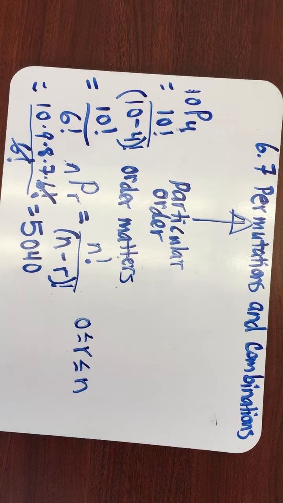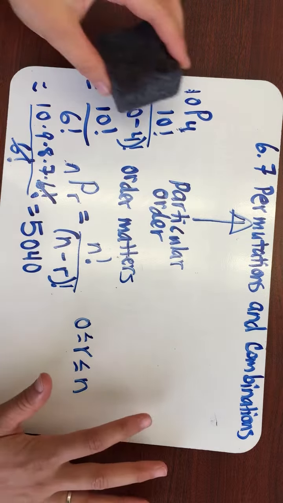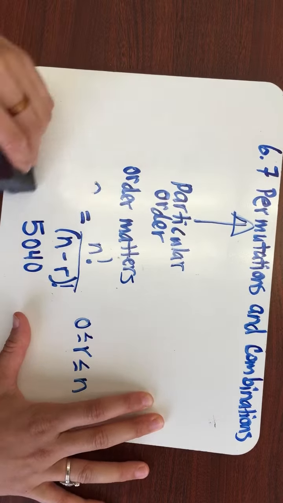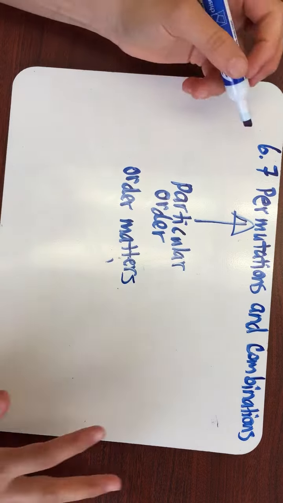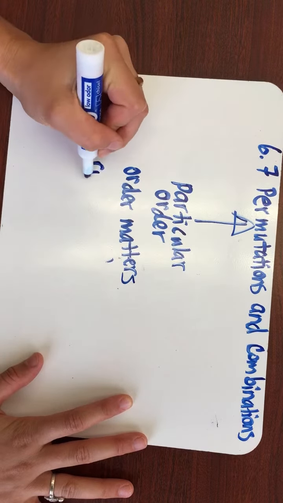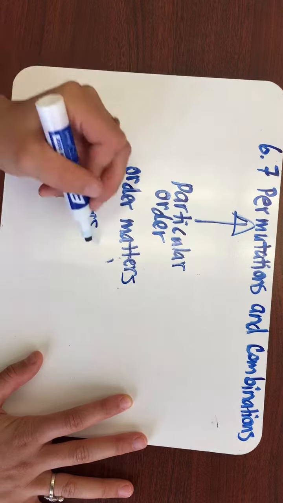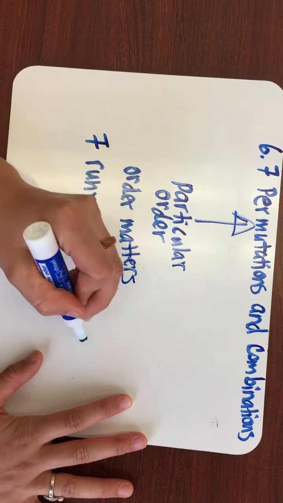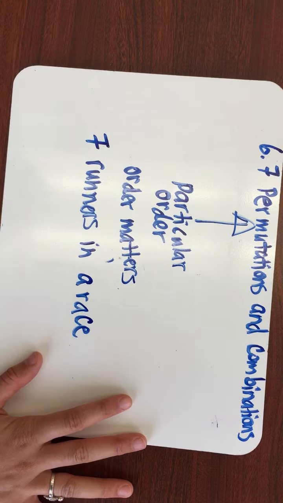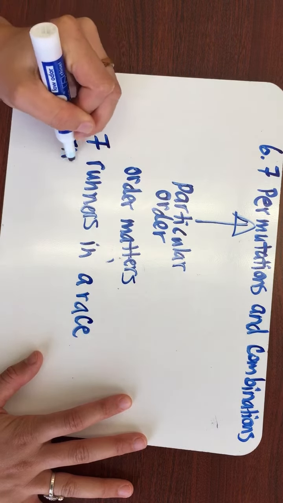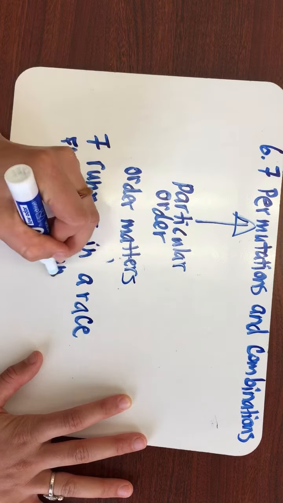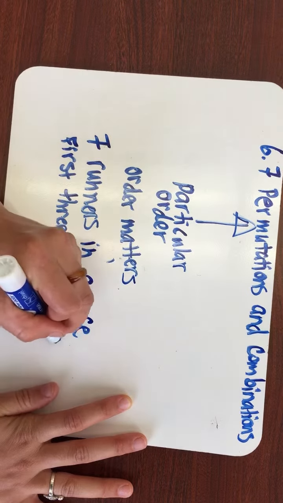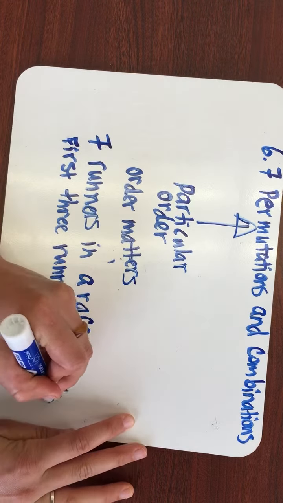Let's look at an example of when the order would matter for a permutation. Let's say we have 7 runners in a race, and the first 3 runners score points for their team.